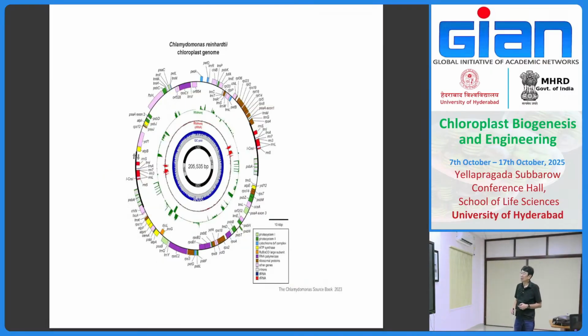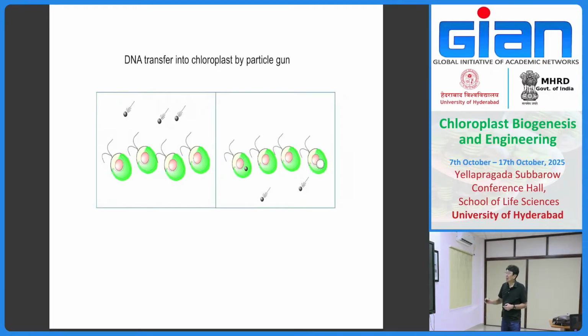So what we use is a particle gun to deliver DNA into the chloroplast. Chlamydomonas has a diameter of about 10 micrometers, and we use a tungsten particle with a diameter of about 1 micrometer, much smaller. Then we coat this particle with the transforming vector DNA.